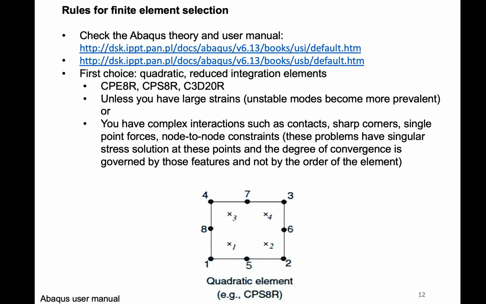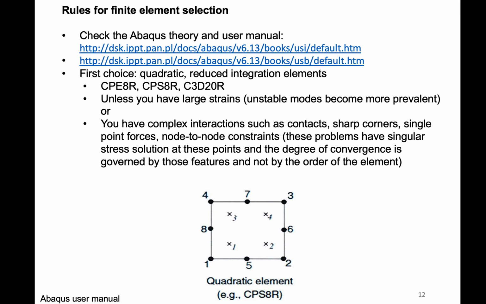I just want to give you a very rough idea of how to choose the elements. Again, the Abaqus user manual is your friend, so whenever you are in doubt, check out some of the documentation. I would say the first choice would be quadratic reduced integration elements.